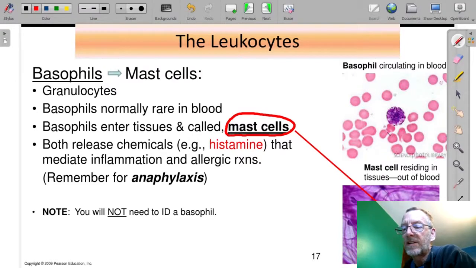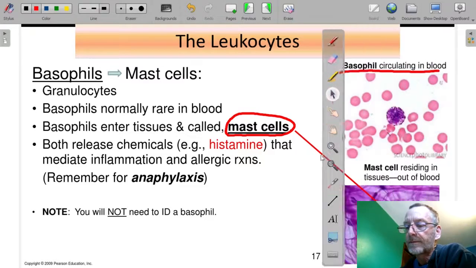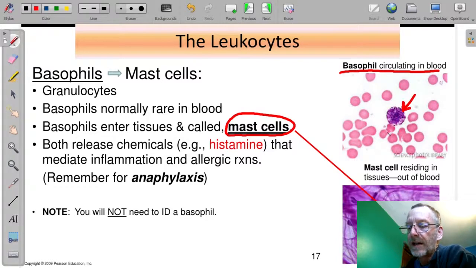So the figure on the right, here's a basophil circulating in the blood. And this picture at the bottom right is difficult to see, but it's a slide of tissues, and there is a mast cell with little granules out in the tissues.